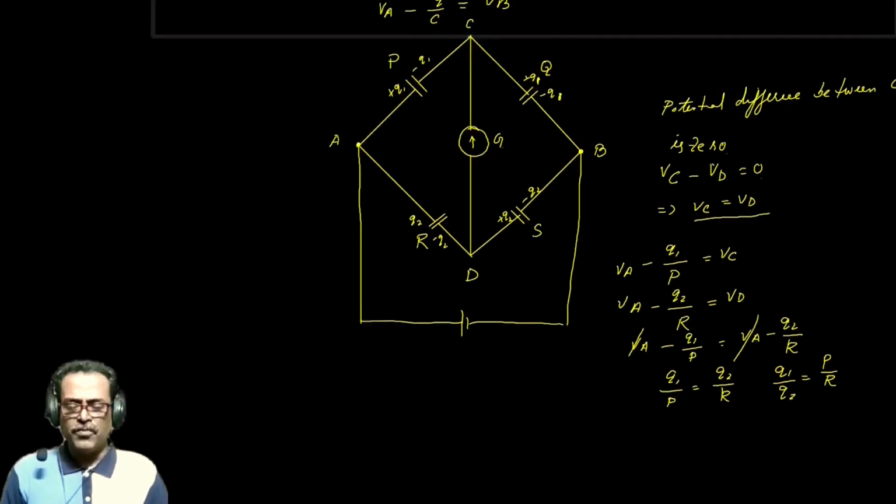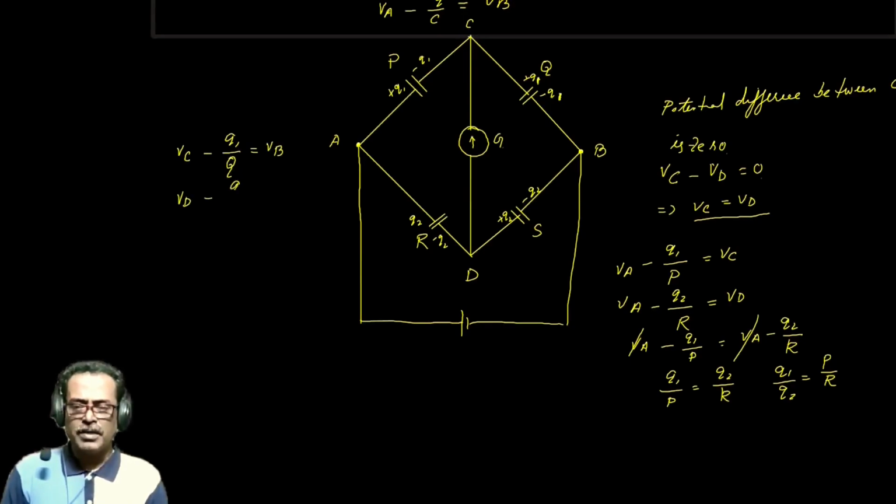Now, if we move from C to B, VC minus Q1 by Q is equal to VB, and VD minus Q2 by S is equal to VB, and VC is equal to VD.